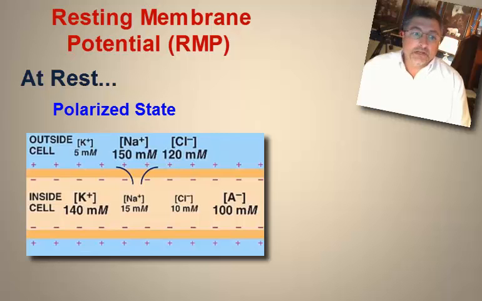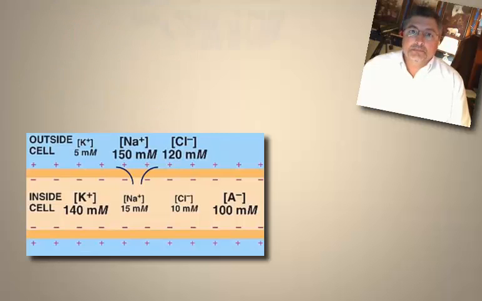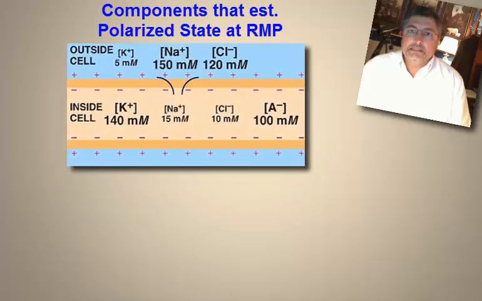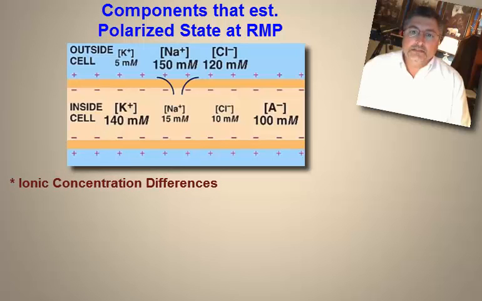They're a key player, but they're not the only player. The things that make the resting state what it is are the differences in the concentration of the ions that you see here, the sodiums, the potassiums, and the chlorides. It's also going to be the difference associated with that anionic protein. But there are two other players going on here as well.